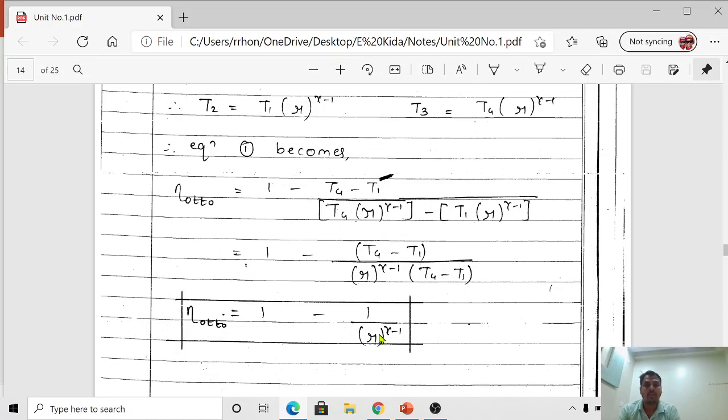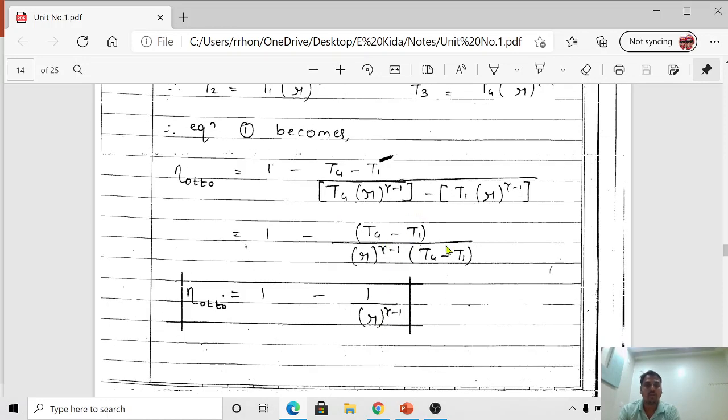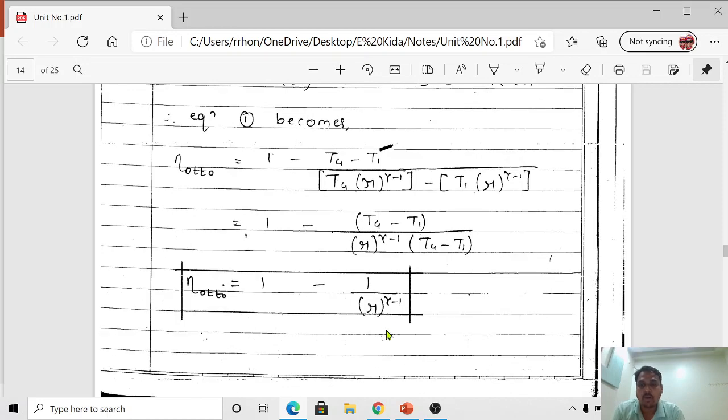Again, further simplification, this T4 minus T1 and T4 minus T1 will get cancelled. What is remaining? 1 minus 1 divided by R raised to gamma minus 1 is nothing but the final equation of Otto cycle efficiency.